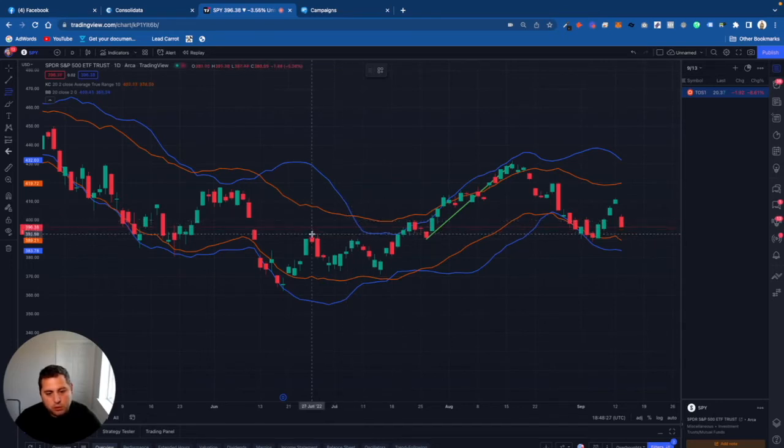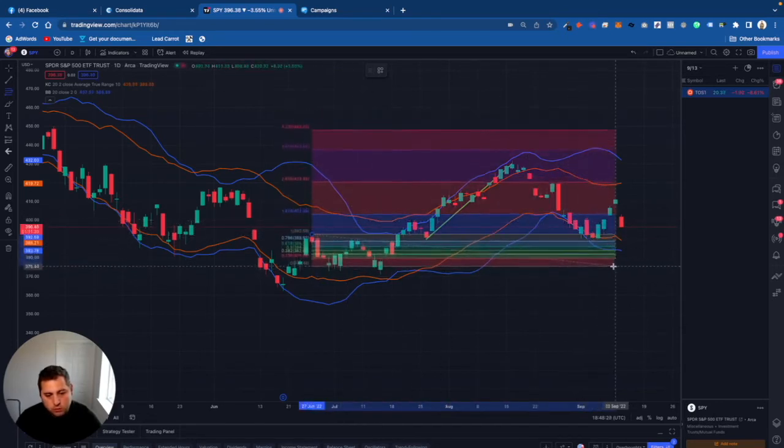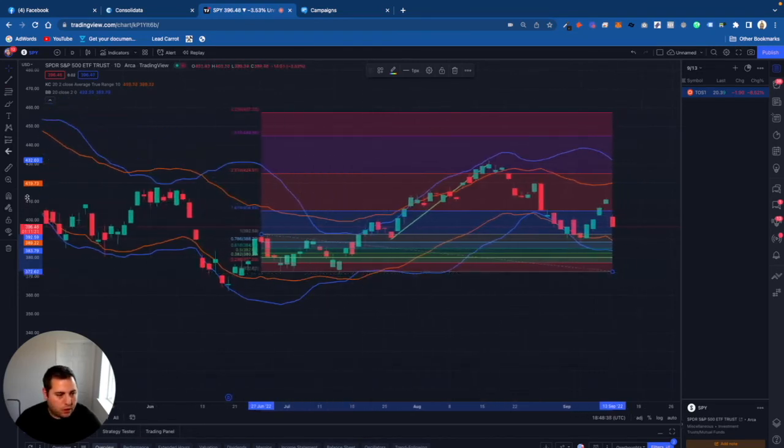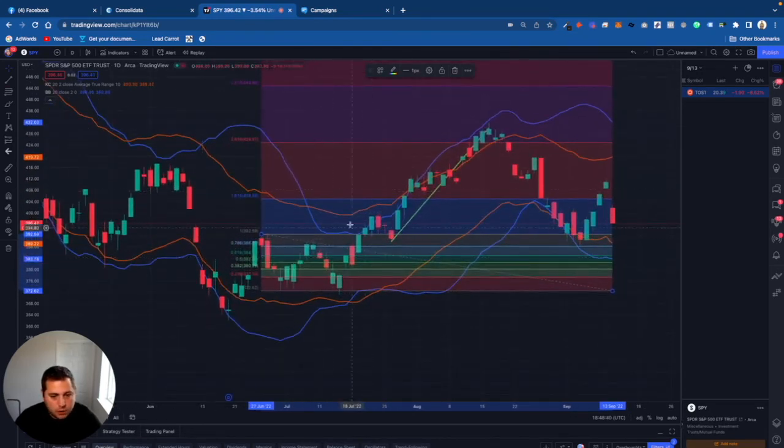You can go to the most previous low to high before the compression occurred. And you can use these as levels as to where you want to get in and out. So, for instance, if you would have gotten in right over here, you'd be looking at probably getting out somewhere right around this 405 range.